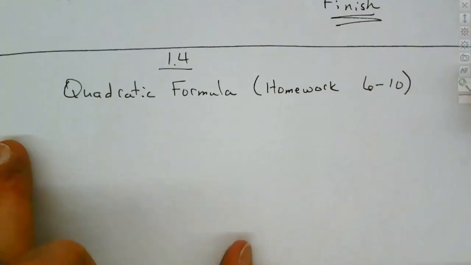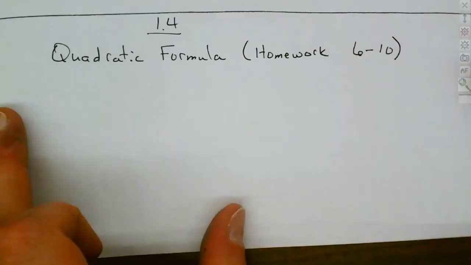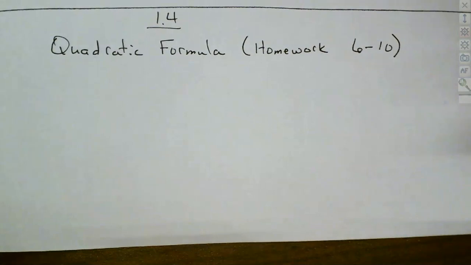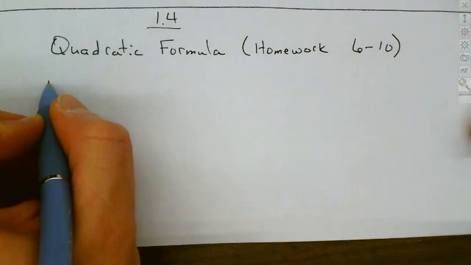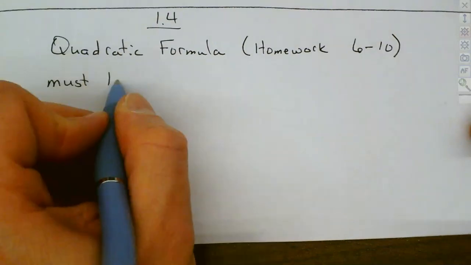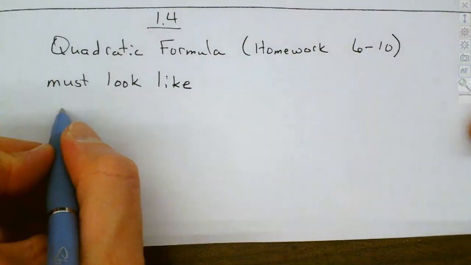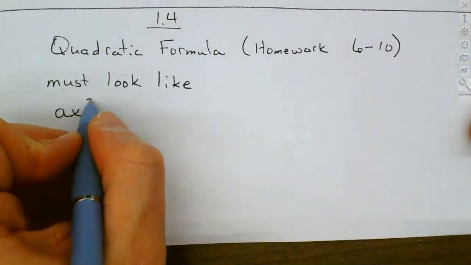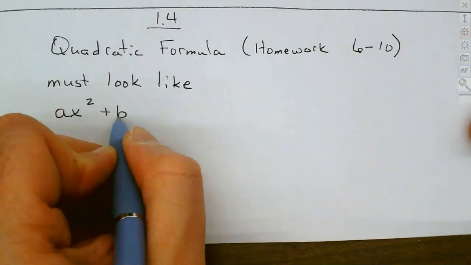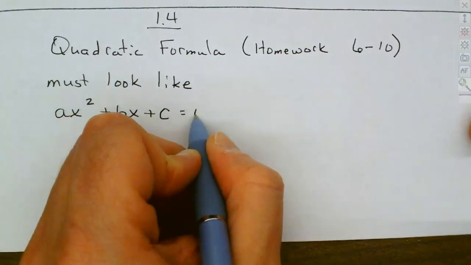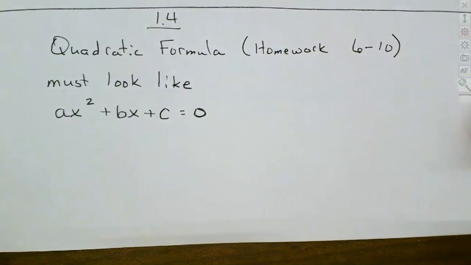So I didn't give you very many, but we do need to make sure we understand how to use what's called the quadratic formula. Now, for the quadratic formula, your equation must look like this. It must look like ax squared plus bx plus c equals 0. Has to look like that.